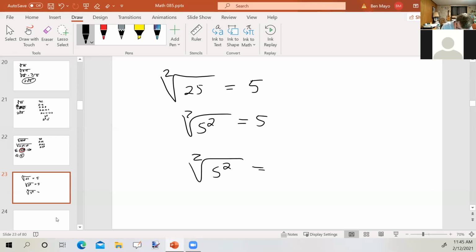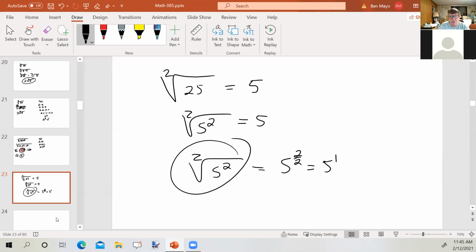This has an implied 2 there all the time, right? Yes. Let's take this expression and let's write it using exponents. Wouldn't that be 5 to the 2 over 2 power? Yes. Which would be 5 to the 1 power, which would be 5? Yeah. So it would be 5.